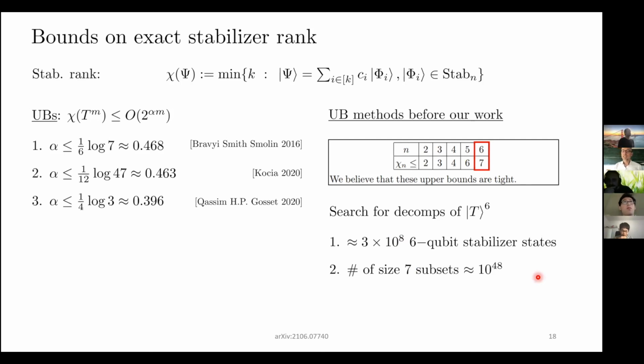I have a follow-up question about stabilizer space. Do you study the decomposition of magic states in the whole stabilizer space, or is there any symmetry on the magic state or other clue that reduces the dimension of the stabilizer state space? That's a very good question. We've been thinking about this, and I've been hoping to come up with a more conceptually driven result that makes use of some of the symmetries.